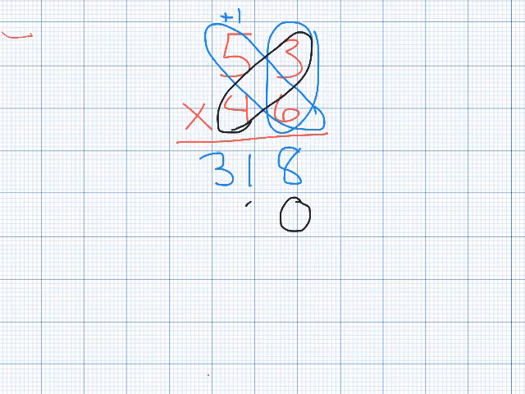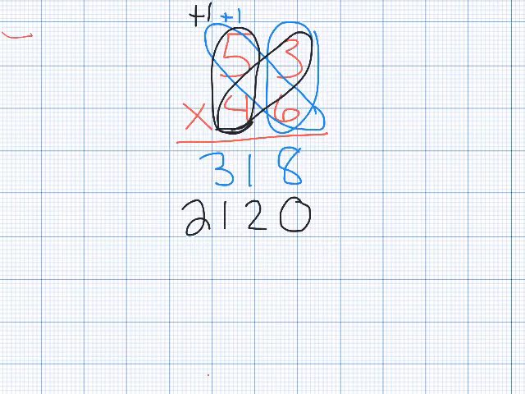So again, we bring the number in the ones place down, the 2, and up top we have a plus 1. Then we'll multiply 4 times 5. 4 times 5 is 20. 20 plus 1 is 21.